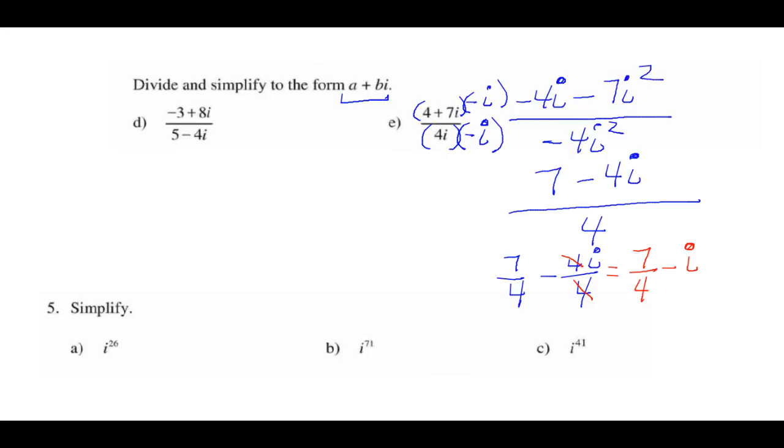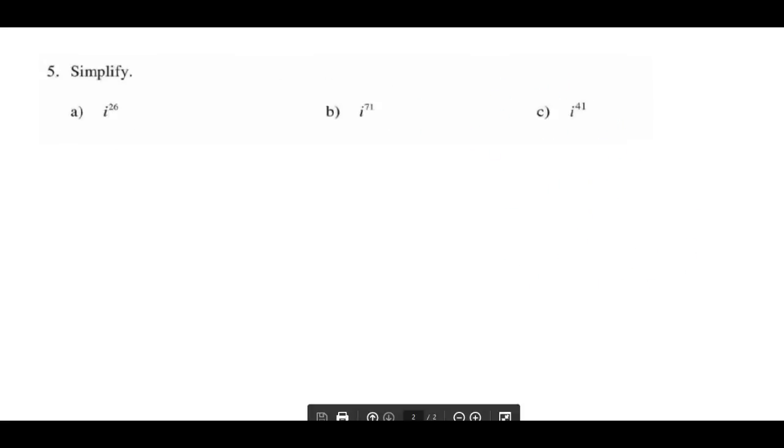All right, let's go on to our last topic, which is powers of i. So let's give you a little background right over here, and you can take some notes on this. We said i, by definition, equals i. That's an identity, a given.